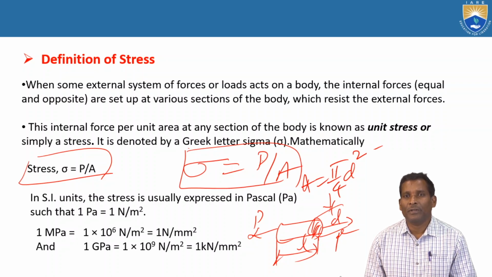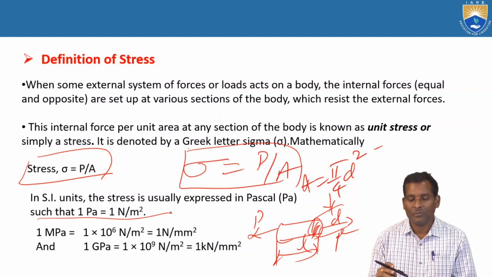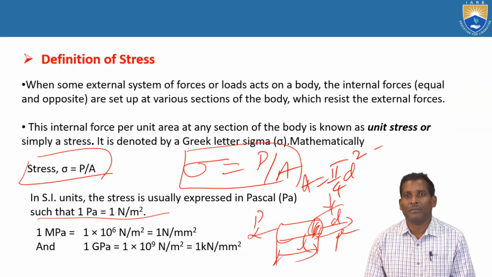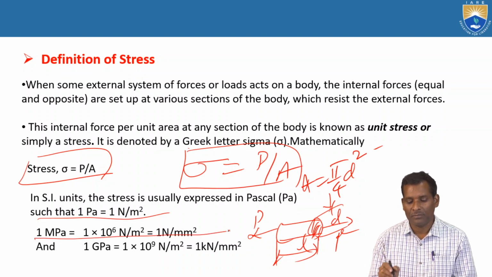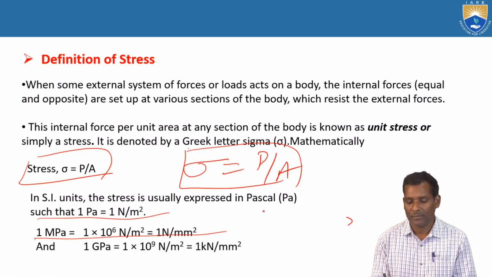So units are very important. What are the major units of stress? In SI units, stress is usually expressed in pascals. 1 Pascal is equal to 1 Newton per meter square. 1 megapascal is equal to 10 to the power of 6 Newton per meter square.